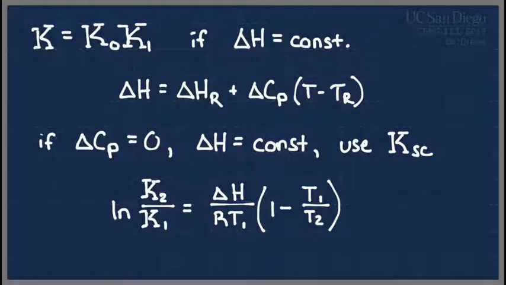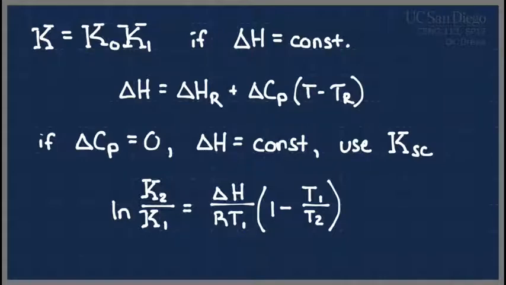That's the common form that we will end up using. But strictly speaking, we can only use that form if we calculate that delta CP is exactly equal to 0, because this form, which is another form of that shortcut K that we have up on the top, assumes that delta H is constant. And so that's the form that we will use most often.